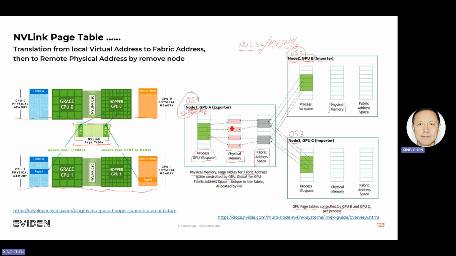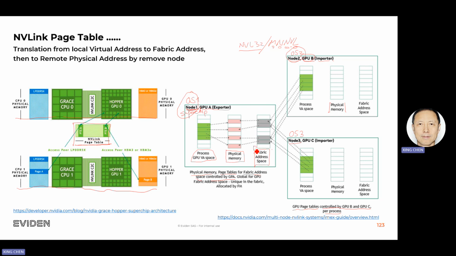So right now, if GPU A wants to export its memory to be read by GPU B, then in the case that GPU B wants to read the memory of GPU A, there is only one possibility: you have this fabric address space. You have another page table for this fabric address space.